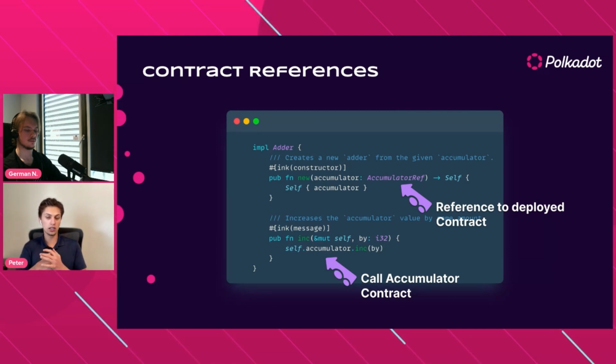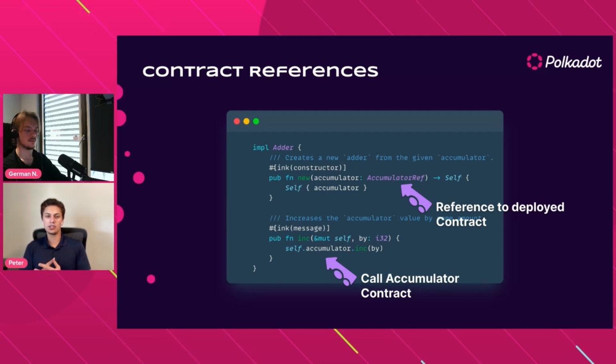To actually do this cross-contract call is quite simple. Since we have it initialized with this accumulator reference, we can literally just call that field, self.accumulator, and then call the .increment function. And that .increment function is described in the accumulator contract.